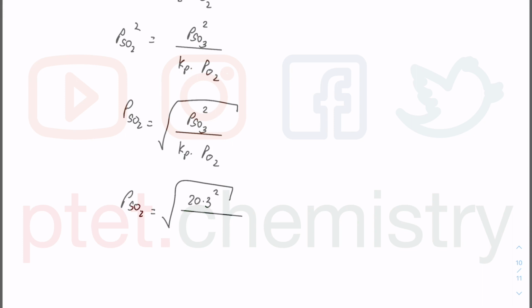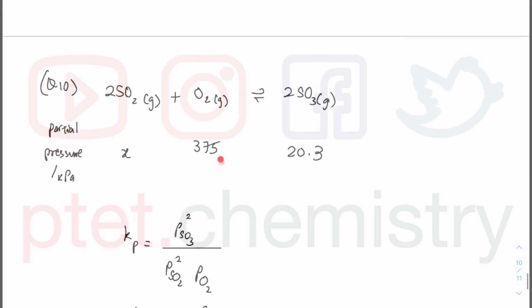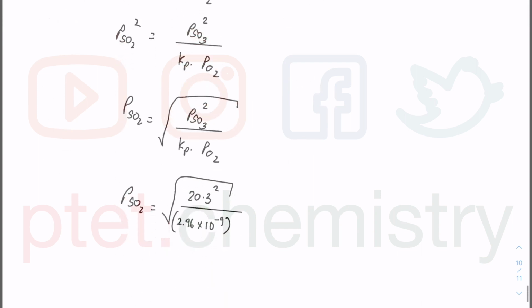The value of Kp is 2.96 times 10 to the minus 9. And then you have partial pressure of O2, which is 375. My square root looks a bit small there. And yeah, just press your calculator.